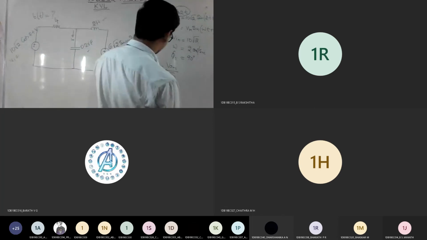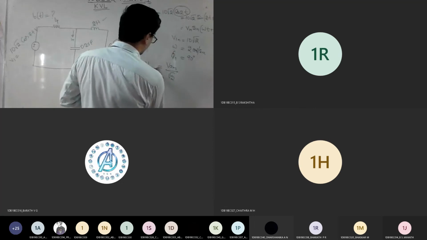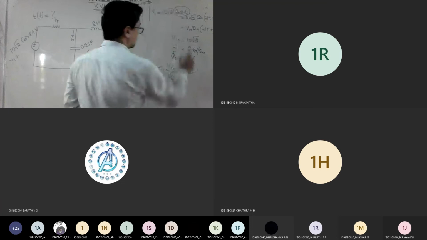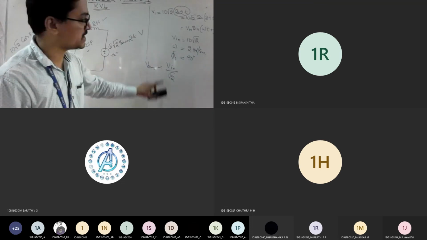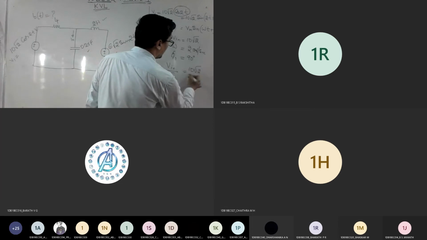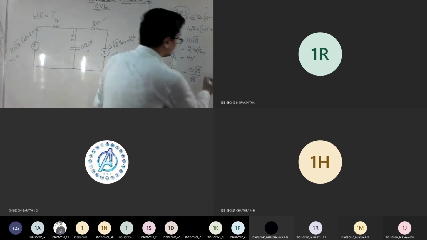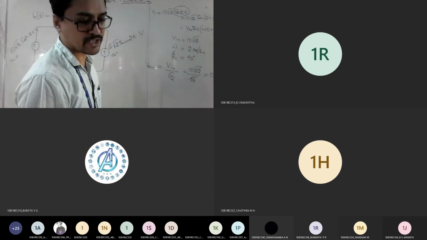See, the formula is VRMS is equal to Vin by root 2, nothing but this first one. So what is Vin I told? 10 root 2. So divide by root 2, root 2 gets cancelled. What is left out? 10 volt. Everyone understood or not?